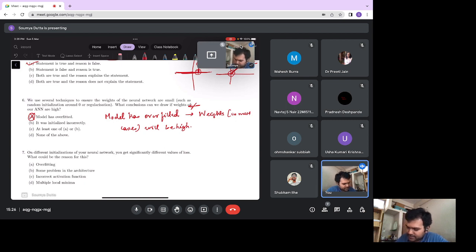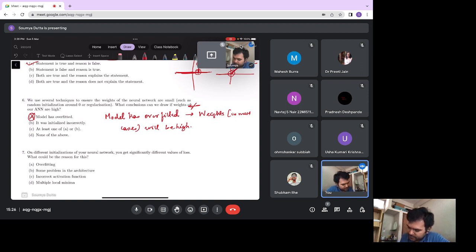It was initialized incorrectly is something which doesn't make any sense here. Even if it is initialized incorrectly, of course you can initialize your weights to be very high, but even then we use several techniques to ensure the weights are small.